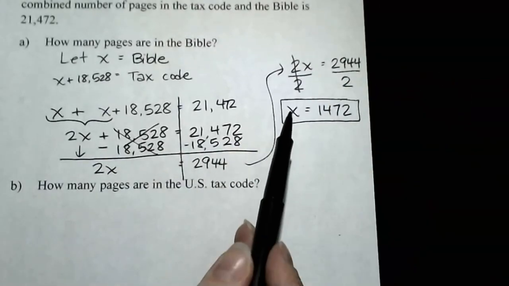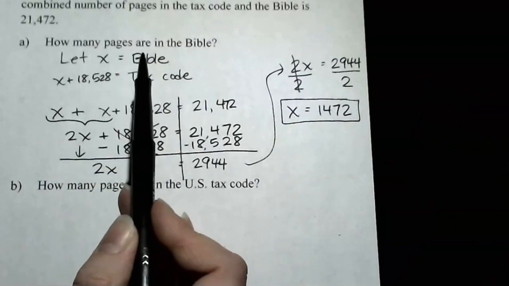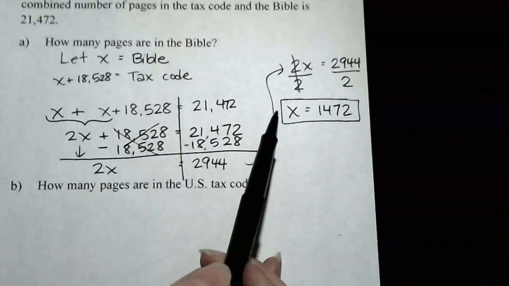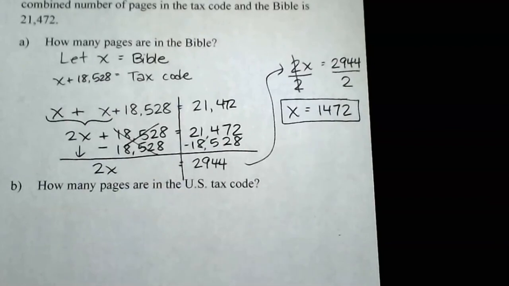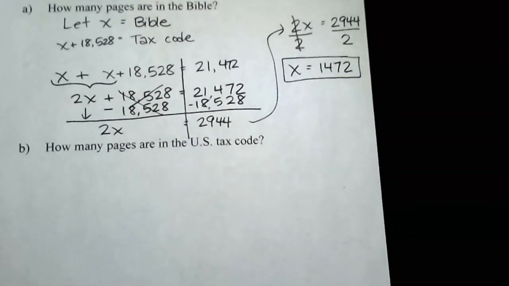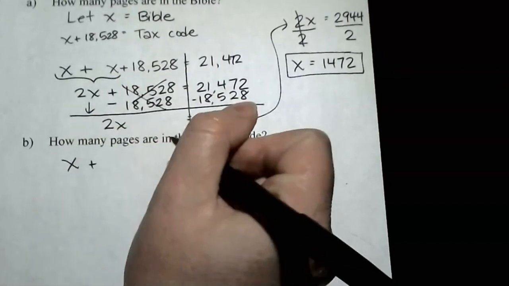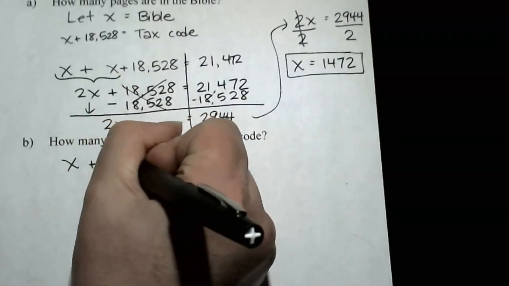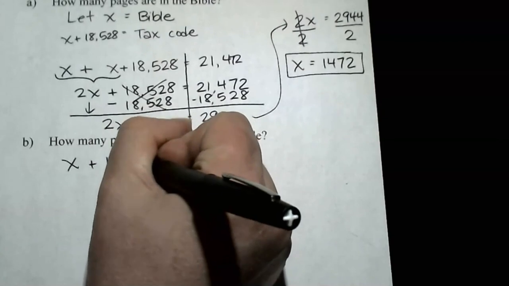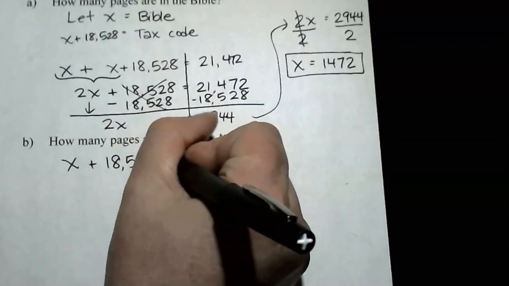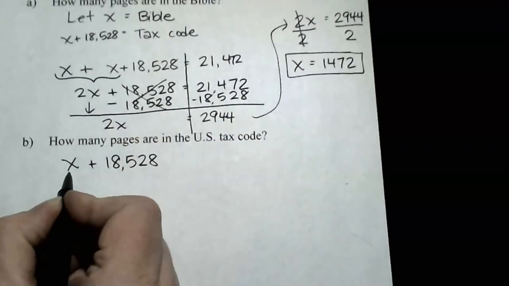Okay, so since X was the Bible, we just answered the question for the Bible. To figure out how many pages are in the US tax code, then I'm going to plug in the amount that we just got in place of X right here.